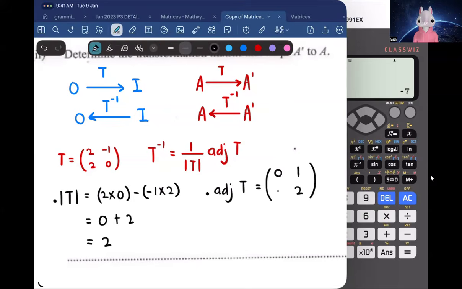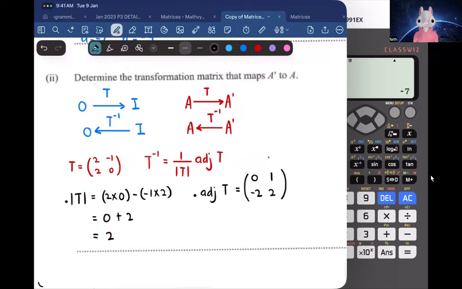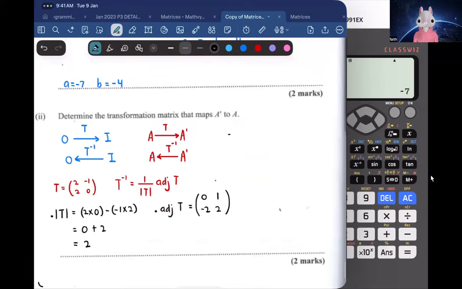Right? And -2. Yes. So now you could actually find the T inverse. So T inverse would be 1 all over 2, multiplied by 0, 1, minus 2, 2.